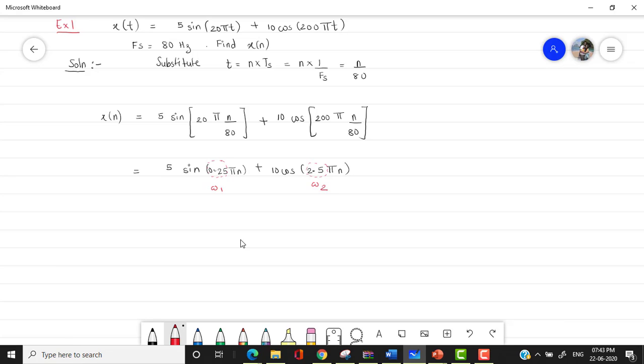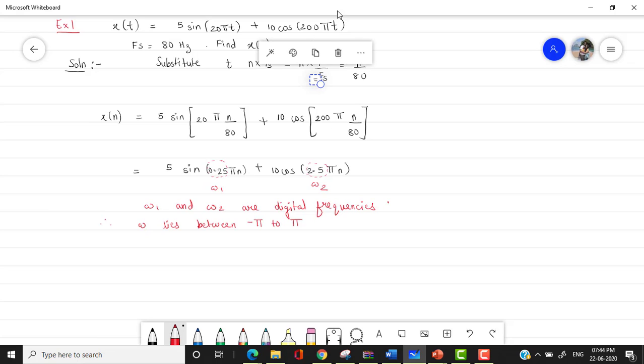Now this 0.25 and 2.5 are written as omega 1 and omega 2. So what are omega 1 and omega 2? They are nothing but digital frequencies, and the omega value, that is the digital frequency, has a specific range, that is omega lies between minus pi to pi. Looking at the values of omega, you can see that omega 1 is within the range of minus pi to pi, but omega 2 has exceeded the range of minus pi to pi.